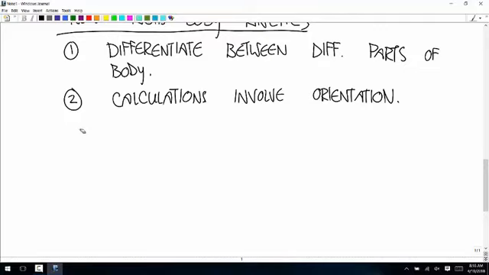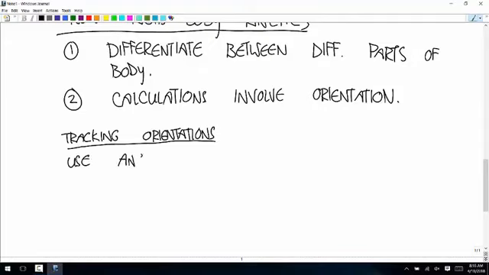So for tracking orientations, and that's going to be the main thing that we do now, the main change, we're going to use the same quantities that we used in circular motion. So we're going to use the angular quantities.